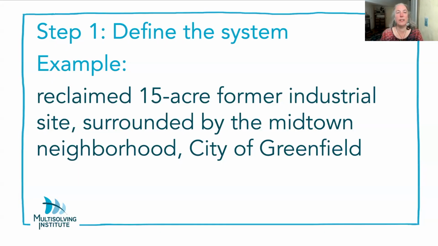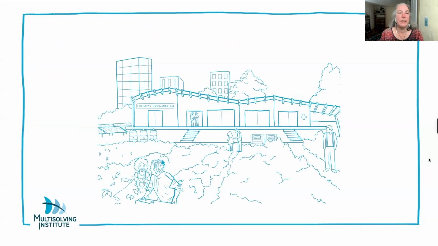So that's how we're defining the system that we'll show you as an example. All right, we'll give you a minute or two to think about your system. And remember to use the chat if you get stuck on anything.